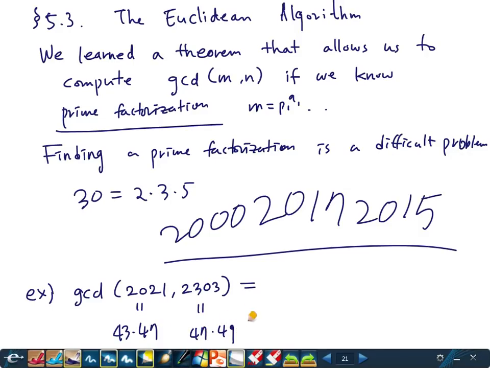If you know this, of course, the greatest common divisor is 47. Easy, but we don't know this. It will take time for us to do this. So we need a better way than this. And there is a nice theorem.